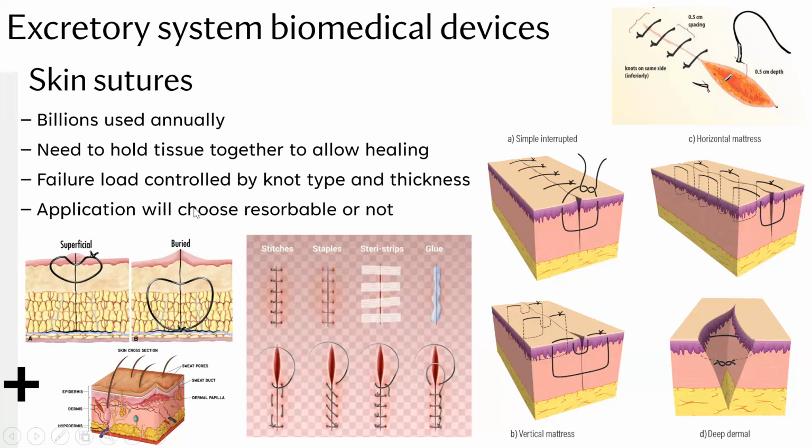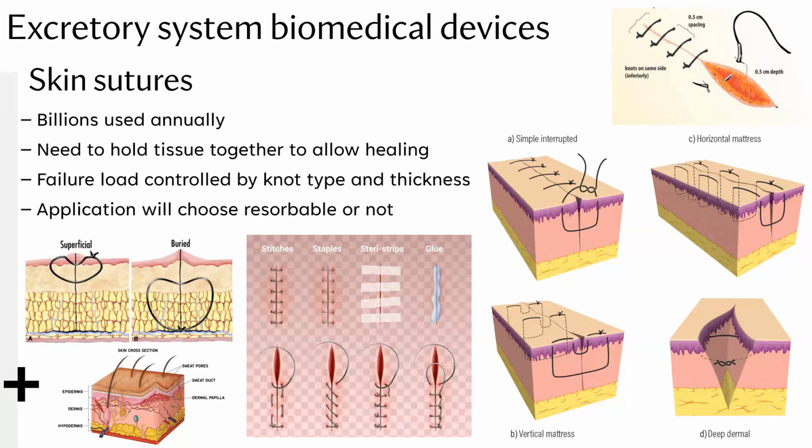It's interesting that billions of these sutures are used annually, and this means that this is a big market, a big industry. And the idea is that this system is there to help the healing process and also take some of that excess rupturing hold that's trying to make that wound even wider, sort of resist some of that in order to help tissue to do the repair.